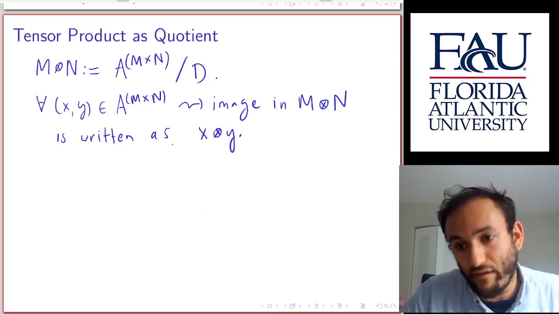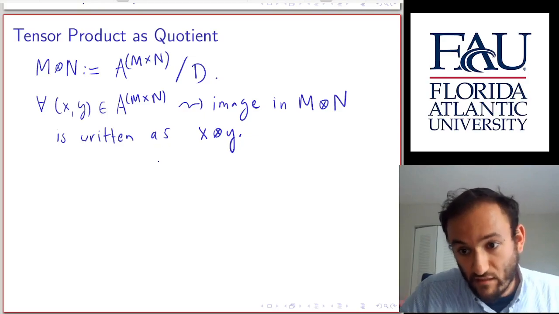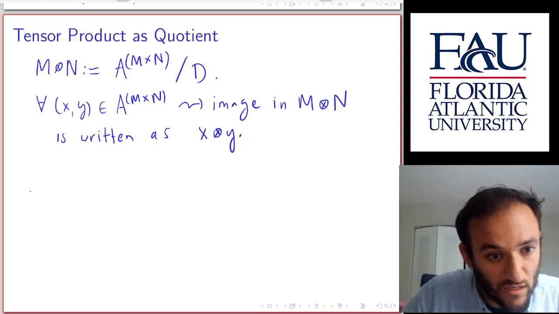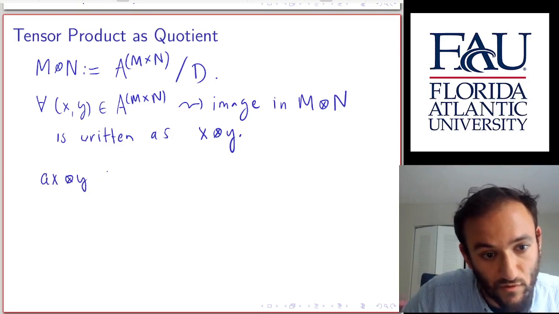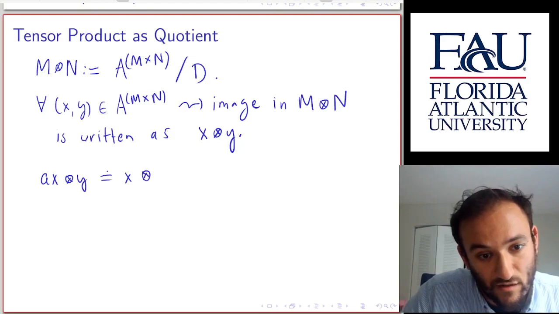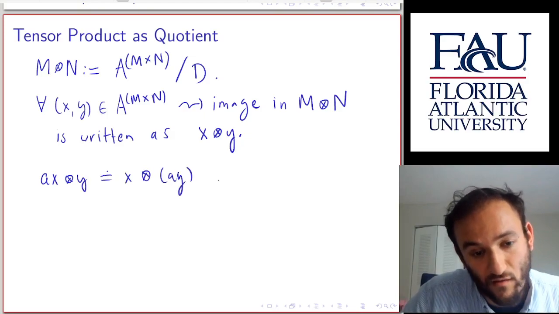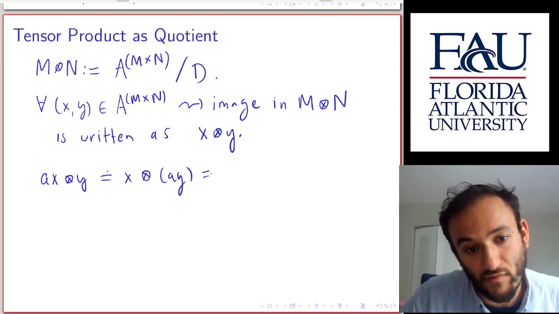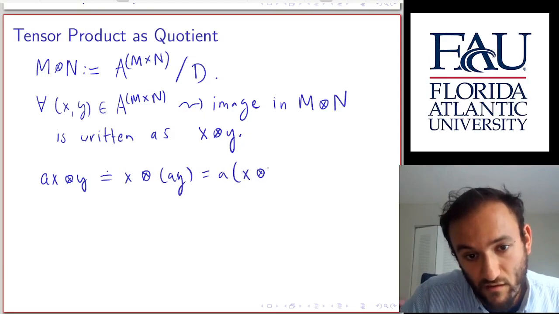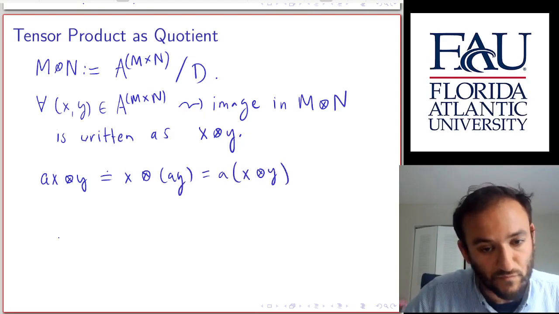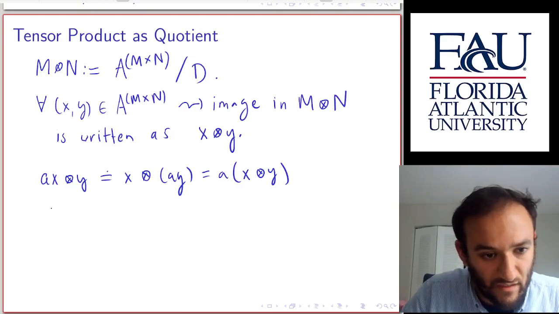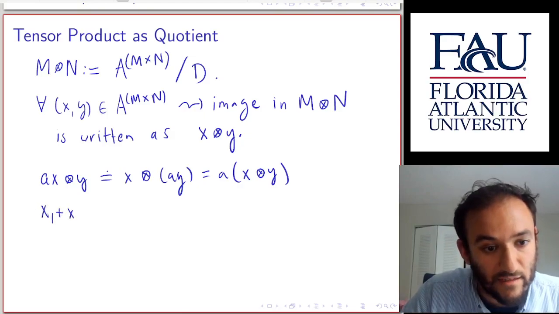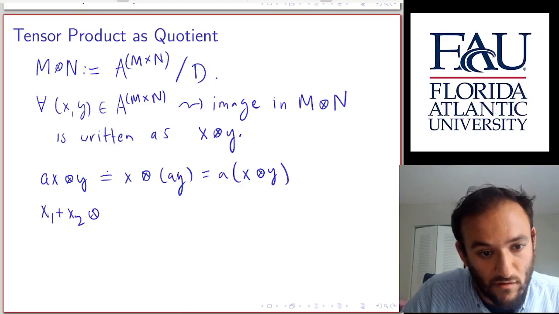And we have the following properties just based on the definition of D, that ax tensor y is equal to x tensor ay, and it's equal to a times both. And then you also have the additivity in each factor.